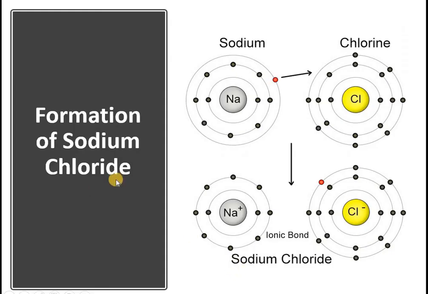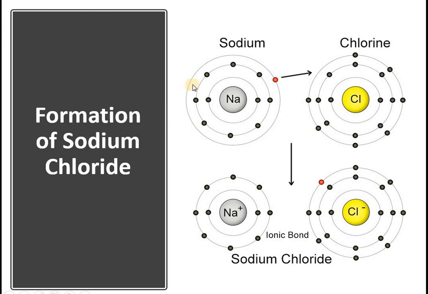So here is the formation of sodium chloride. If you see previously also, sodium has electronic configuration 2,8,1. You can see here the K shell has 2, the L shell has 8 and the M shell has 1.